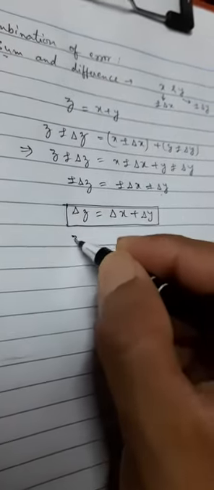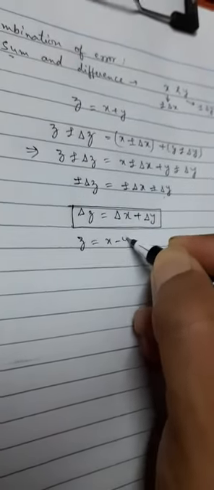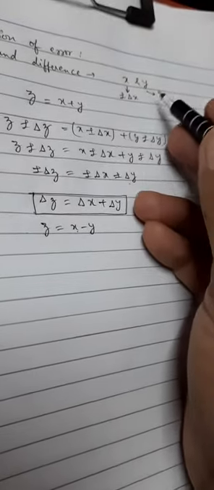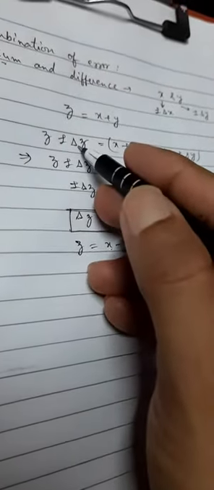Clear? Now I am taking the difference here. Before it was z is equal to x plus y, now I am taking z is equal to x minus y. Same again, the limiting error in x is plus minus delta x, the limiting error in y is plus minus delta y, and the limiting error in z is plus minus delta z.